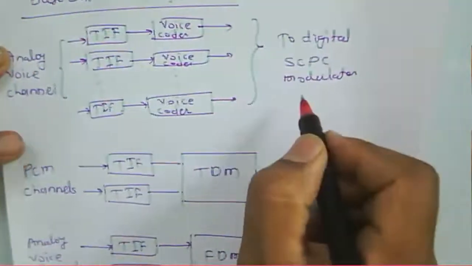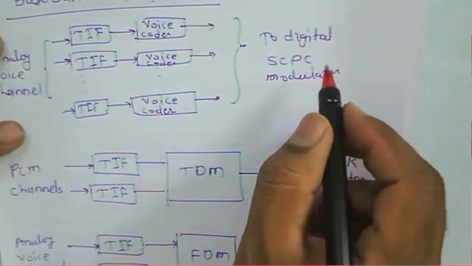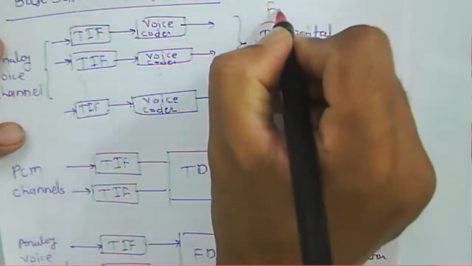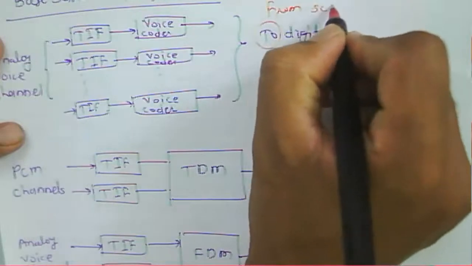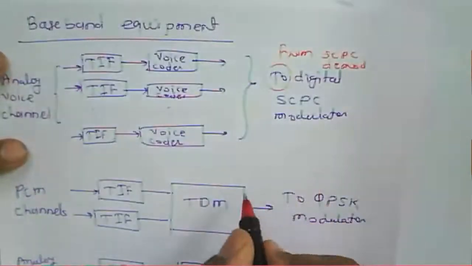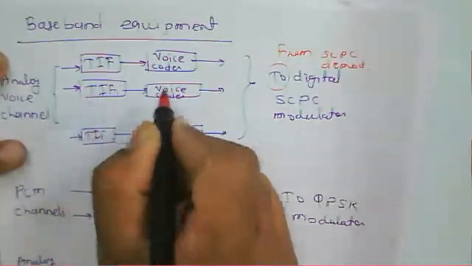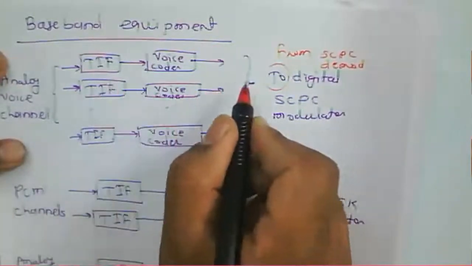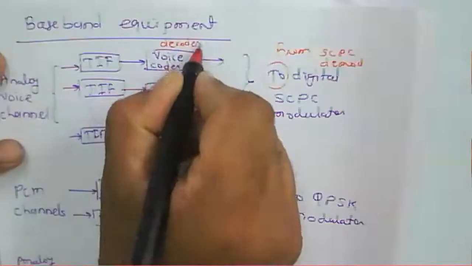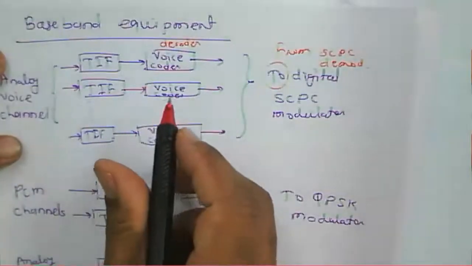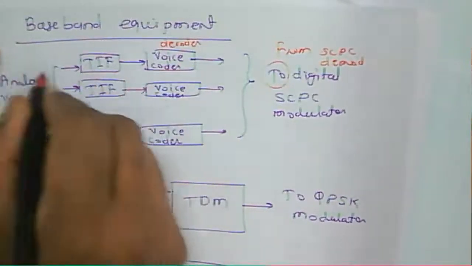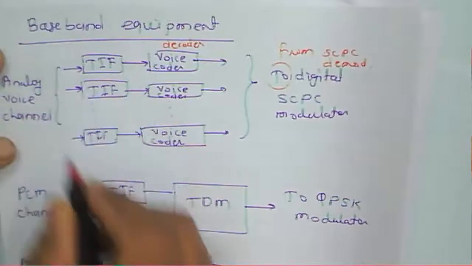Then at the receiving end, instead of going to the SCPC modulator, it will be from the SCPC demodulator. Then it is reversed. Okay, the flow will be reversed. Instead of a coder, it will be a decoder, voice decoder, then terrestrial interface, and then to the analog voice channel.